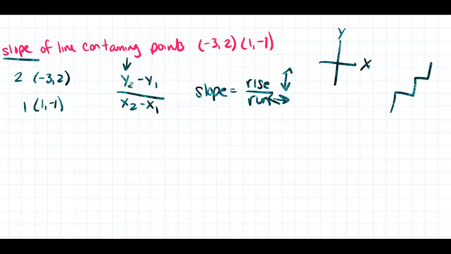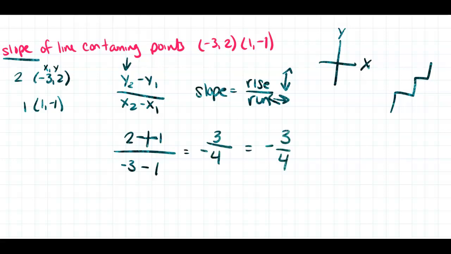So y2 is 2, 2 minus y1, -1, over x2, second point, x, -3, minus x1. Minus x1 is 1. So we get 2 minus -1, which is actually 2 plus 1, 3 over -3 minus 1 is -4. So that actually just gives us -3/4.